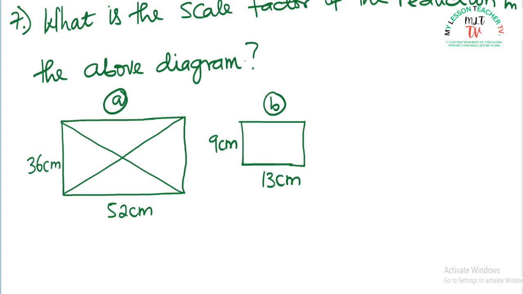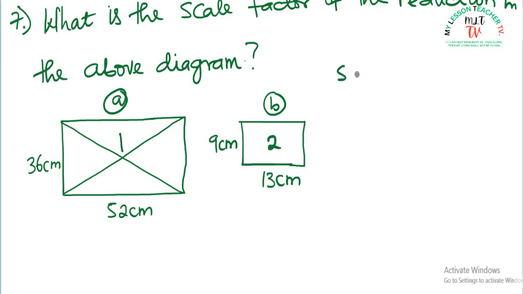So we are going to use the ratio of the sides of the smaller object to the sides of the bigger object, and it must be of corresponding sides. So therefore, I'm going to use the length of B to the length of A and the breadth of B to the breadth of A. Let me use L1 and L2, let me call this shape 2 and shape 1, so that we don't get ourselves confused.